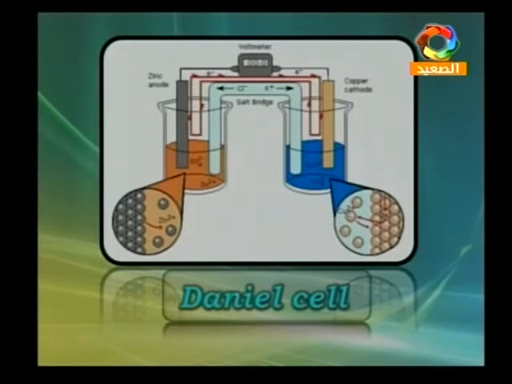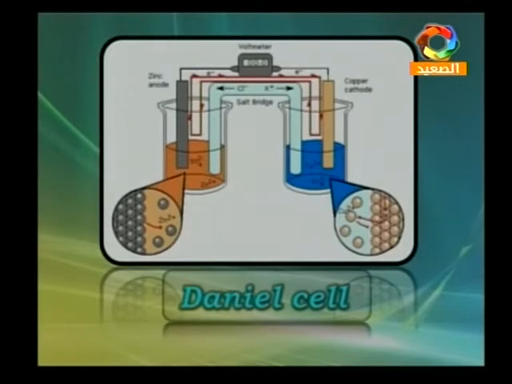These two bars are connected to each other by a wire, and this wire is connected to a voltmeter to find out the amount of volts produced by the Daniell cell.